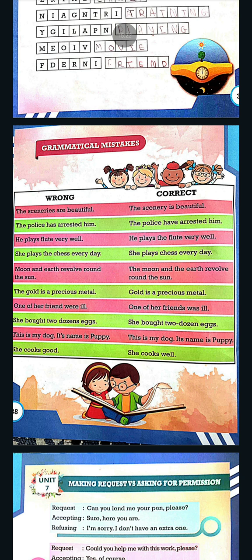Its name is Puppy. Now, an apostrophe is used to show possession, like his, hers, theirs. But for its, you don't need to put an apostrophe before the s. You can just write its without the apostrophe.